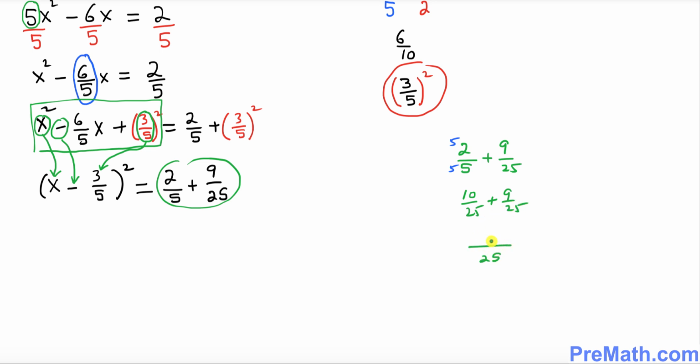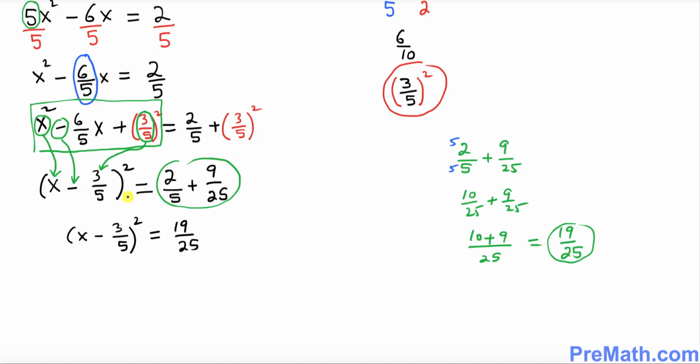So we got 25 as a common denominator, 10 plus 9. That means we got 19 over 25. So I'm going to write this part as 19 over 25. And on the left hand side, we still have x minus 3/5 squared.